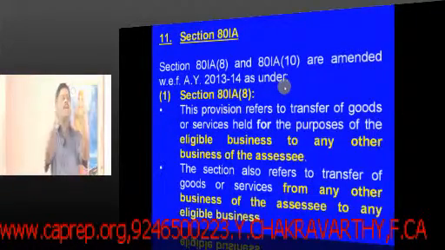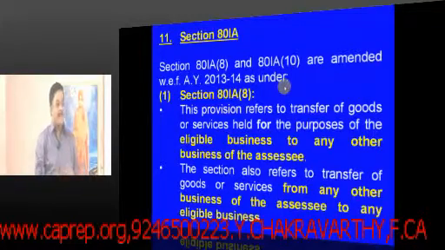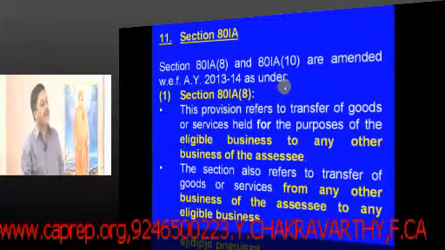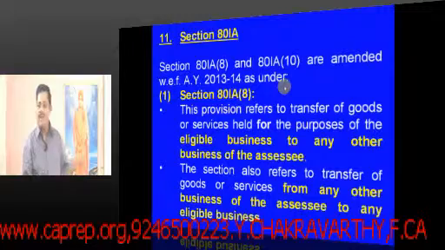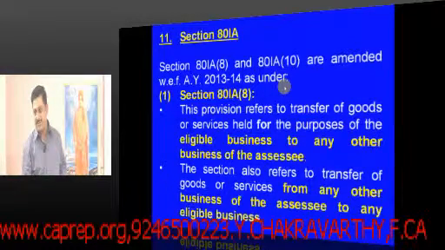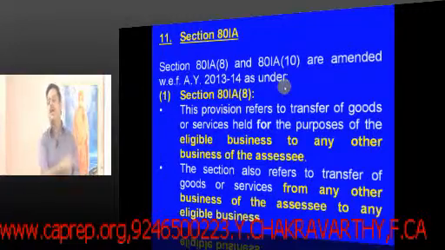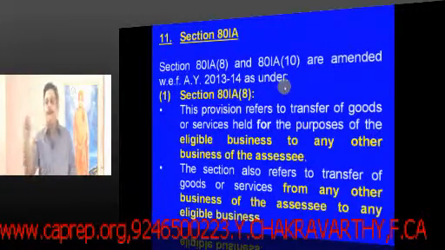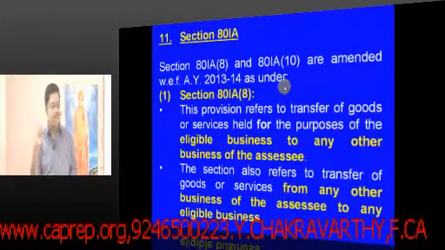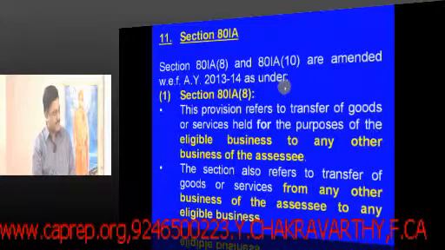But artificially you are creating a situation where a business which is otherwise not entitled for any exemption, you are claiming the exemption or the deduction. So lawmaker identified all such transactions and brought them into the purview of this particular arm length price concept.